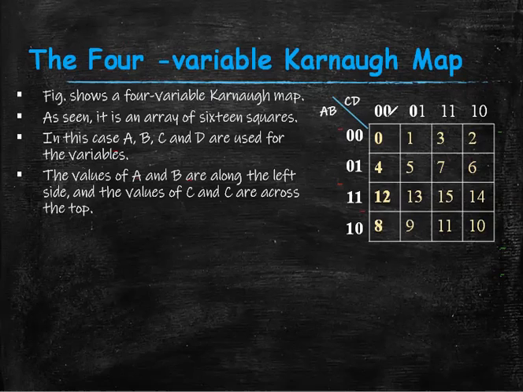Okay. We must take care about the sequence, that is 00, 01, 11, 10. As we mentioned before, when we move from one square to another, the adjacent one, only one literal must be varied.